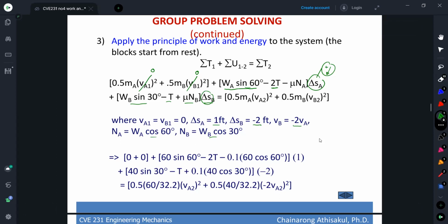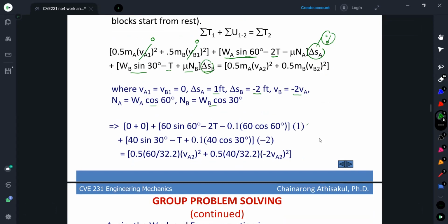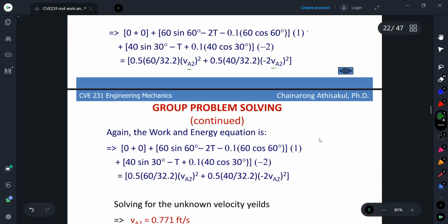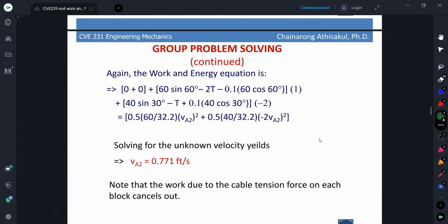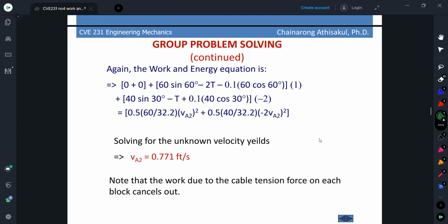After we substitute each value into this equation, we can solve for the final velocity of block A. From this equation, the tension term is cancelled out, and we can solve for VA2, which becomes 0.771 foot per second. Let's complete this problem.